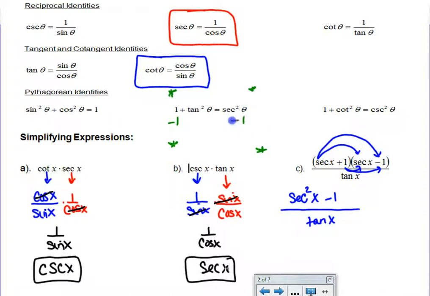Could I just subtract the 1? Yes. And then you're left with tangent squared, and you can put theta or x, it doesn't matter, is the same thing as secant squared minus 1. So now tell me, what can I trade for secant squared minus 1? What's he equivalent to? Tangent squared.